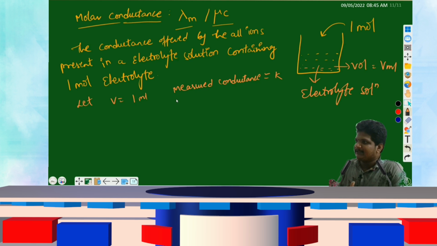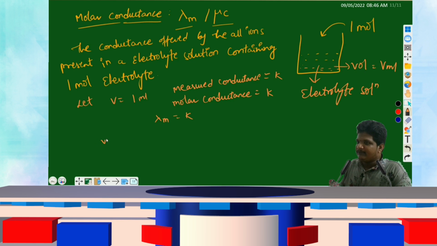The conductance of that 1 mole electrolyte is nothing but the molar conductance. So molar conductance is equal to the specific conductance, lambda m is equal to kappa.